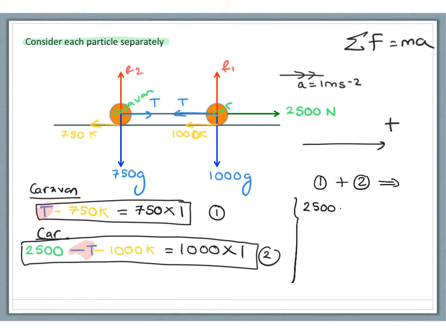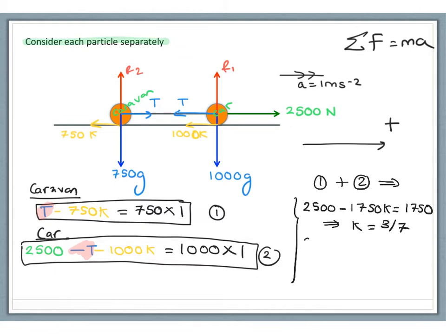2,500 minus 1,750k equals 1,750. So from here, we can calculate the value of k. And k equals 3/7. Remember, this is just a constant of proportionality.